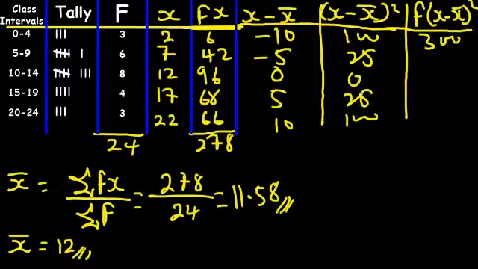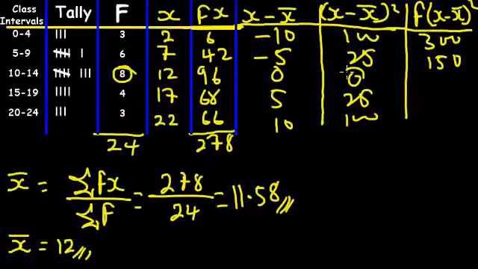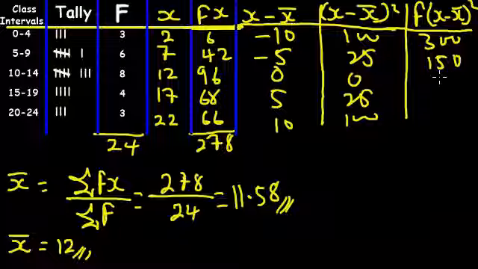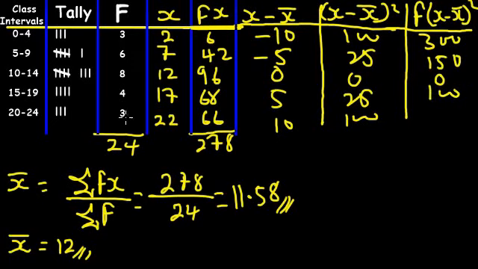But I will confirm that 6 times 25, yeah, 150. So 8 times 0 gives us 0. Then 4 times 25 gives us 100. And finally, 3 times 100 gives us 300. So we have the f times x minus x bar squared column filled up properly.